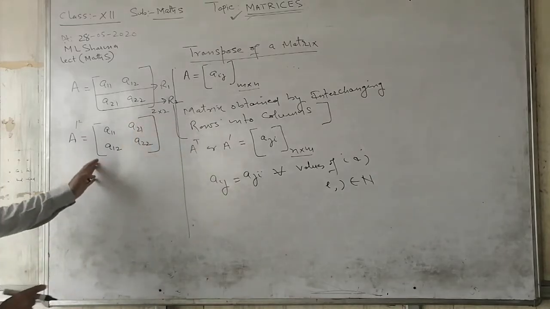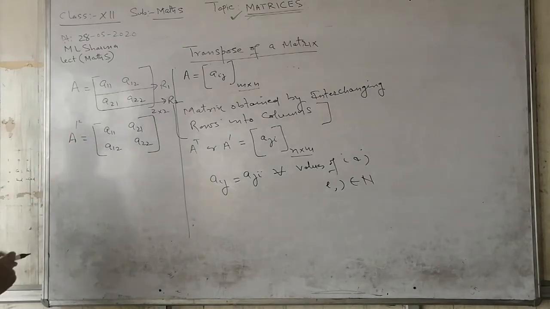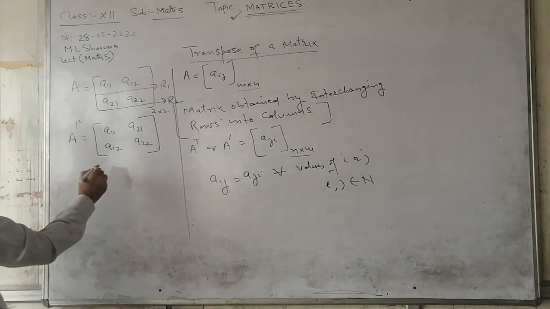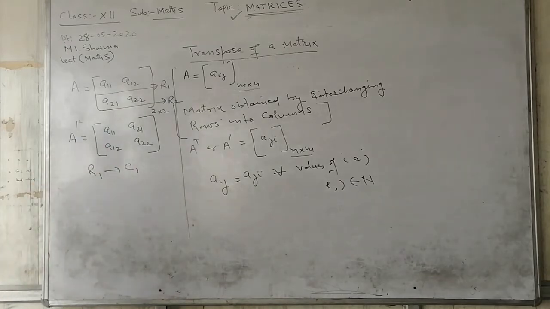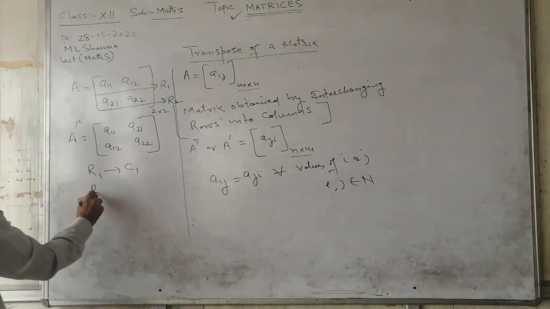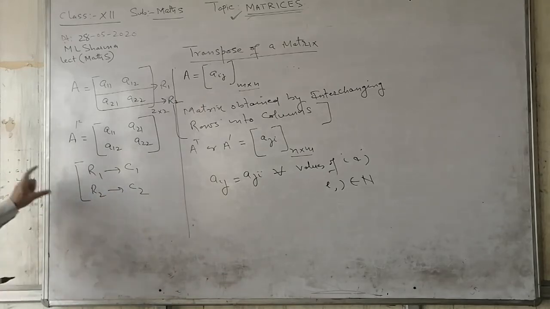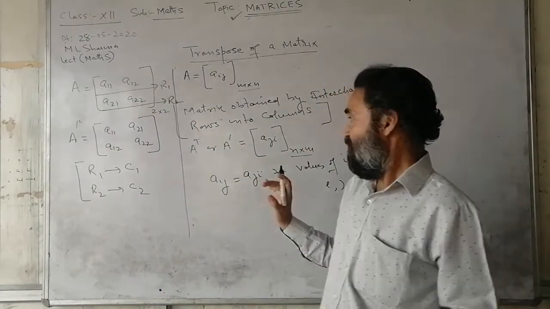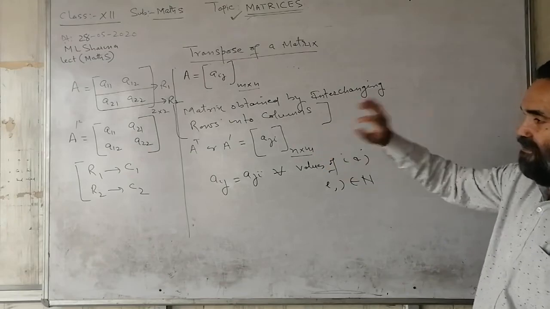So this matrix is the transpose of this matrix A. So I can say A dash is the transpose of this. Here we have to note R1 is changed into C1 and R2 is changed into C2. So simply, if we have to find the transpose of a matrix, we interchange the rows and columns.